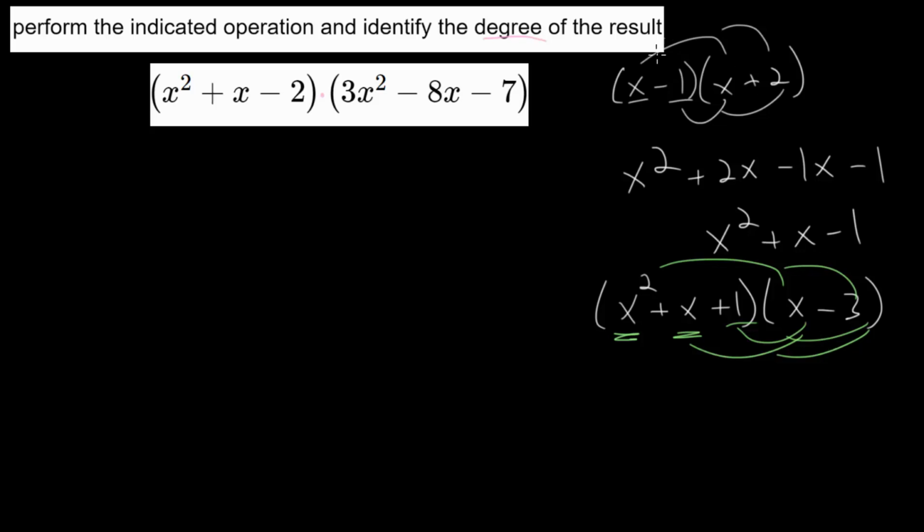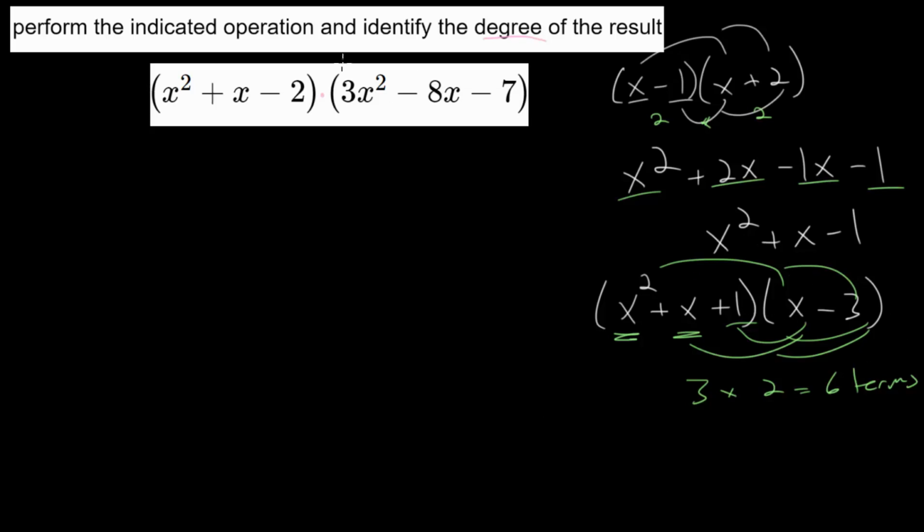And notice that pattern. We took a 2-term expression, multiplied it by a 2-term expression, and got 4 terms back. If we take a 3-term expression and multiply it by a 2-term expression, we will get 6 terms back. And you can count that out. The x squared will multiply into 2, the x will go into 2, and the 1 will go into 2, in total giving you 6 different terms.